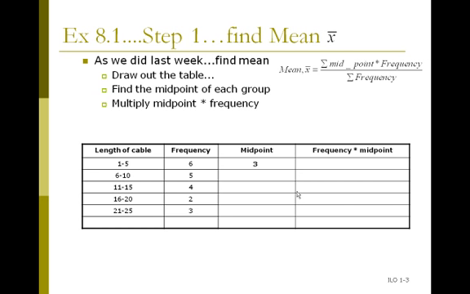Now, to complete the final column, you multiply the midpoint times the frequency. So in this first case, it's 6 multiplied by 3, which gives you 18.